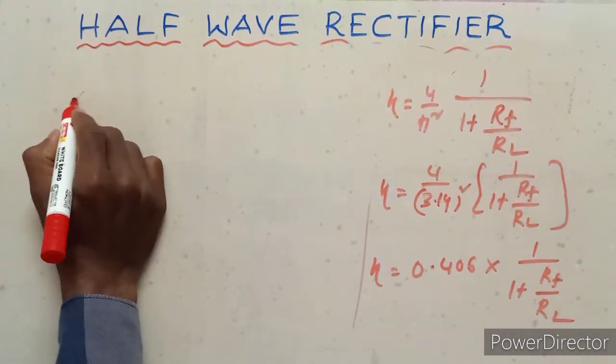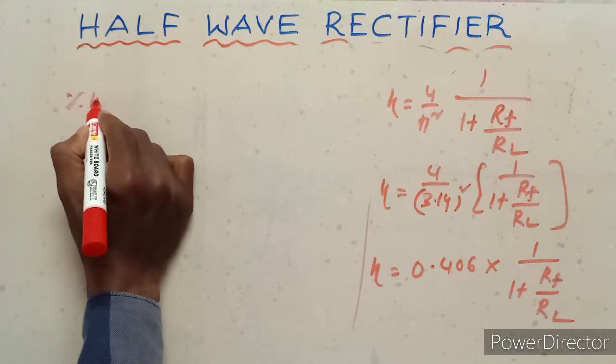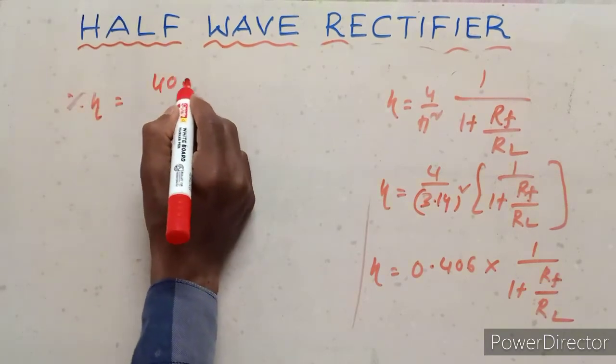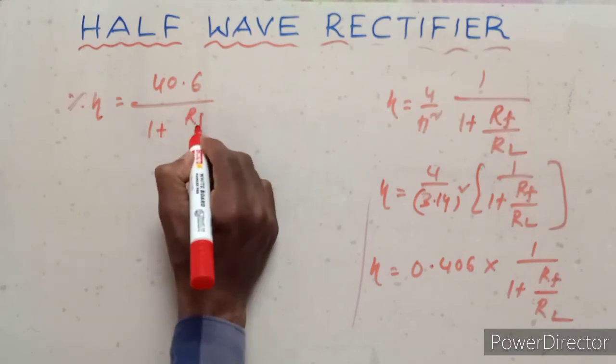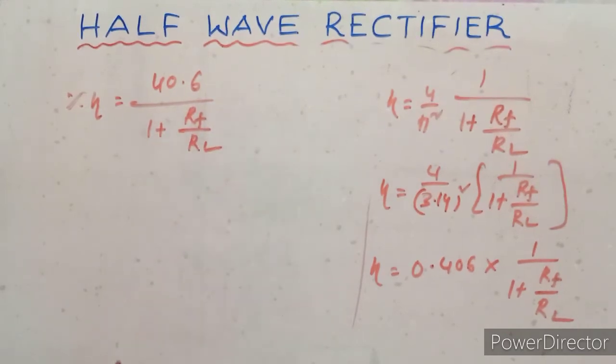In percentage, eta equals 40.6 upon 1 plus RF upon RL.